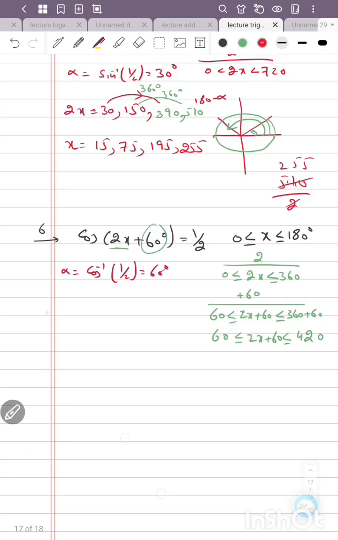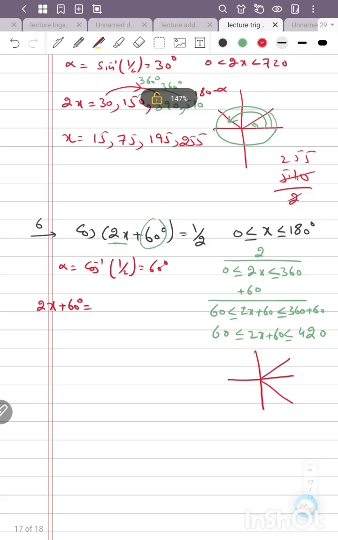Now here we write 2x plus 60 equal to, cos is positive at first and fourth quadrant. At first quadrant, if we start from here, we get 60 degrees.